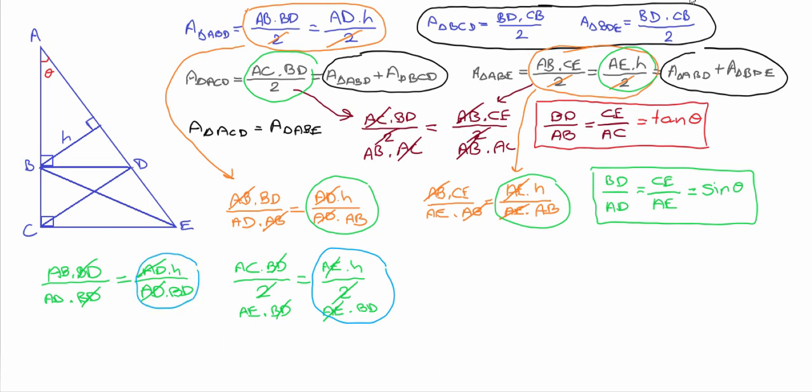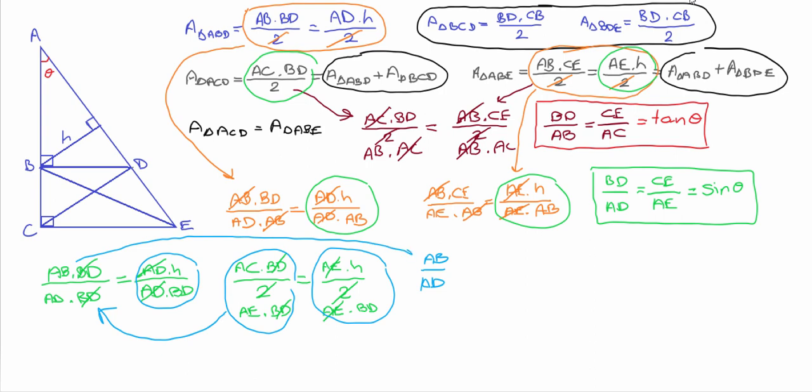Then this must be equal to this. Let's write it down in a clear form. AB divided by AD is going to be equal to AC divided by AE.